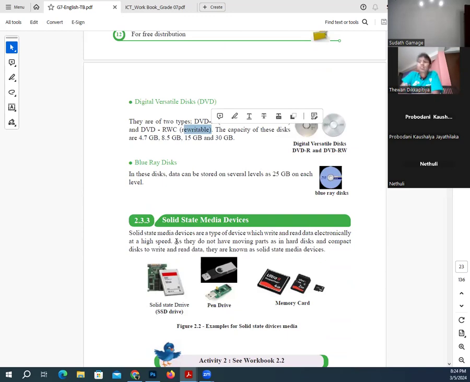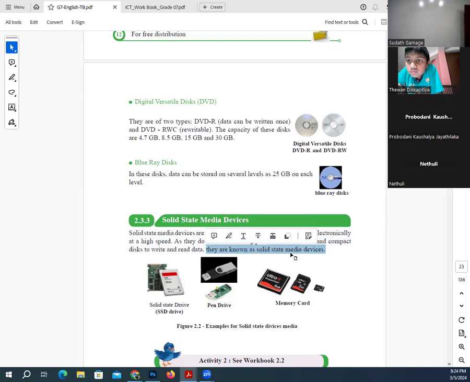Here, in solid state devices, they do not have moving parts, as in hard disk and compact disk, to write and read data. So that's why we call them solid state devices.